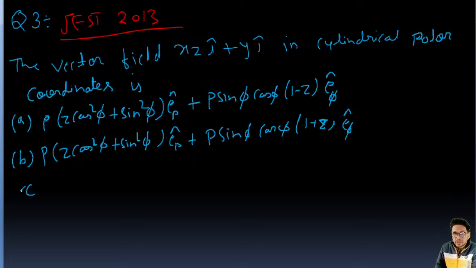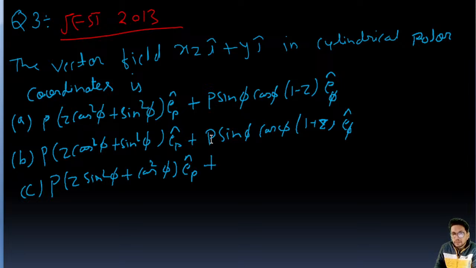Next, option C: rho z sin square phi plus cos square phi rho cap, rho sin phi cos phi 1 plus z phi cap.